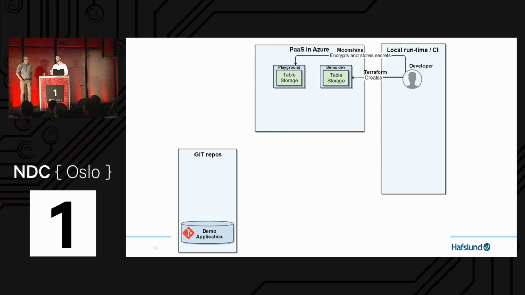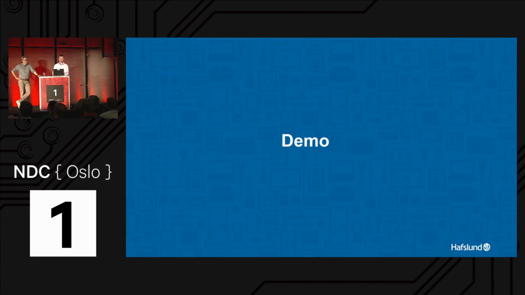When you run this in Lunaform, it will create what you have told Terraform to create. Then it will take all the output and persist it in Moonshine as encrypted values. And we'll now have this demo application repository down here, where these Terraform files and Lunaform stuff will be located. So we'll just jump right into a demo.